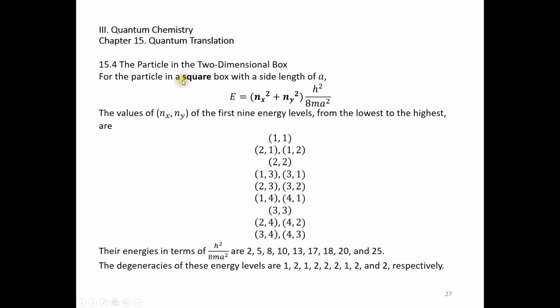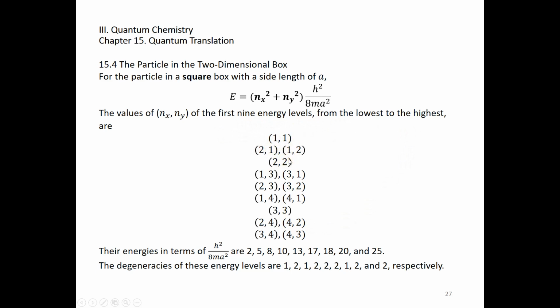Again, if you have a square, then the total energy is nx squared plus ny squared times h squared over 8ma squared. Now I'm going to show you the first 9 energy levels from the lowest to the highest. 1, 1, 2, 1, 1, 2, 2, 2.